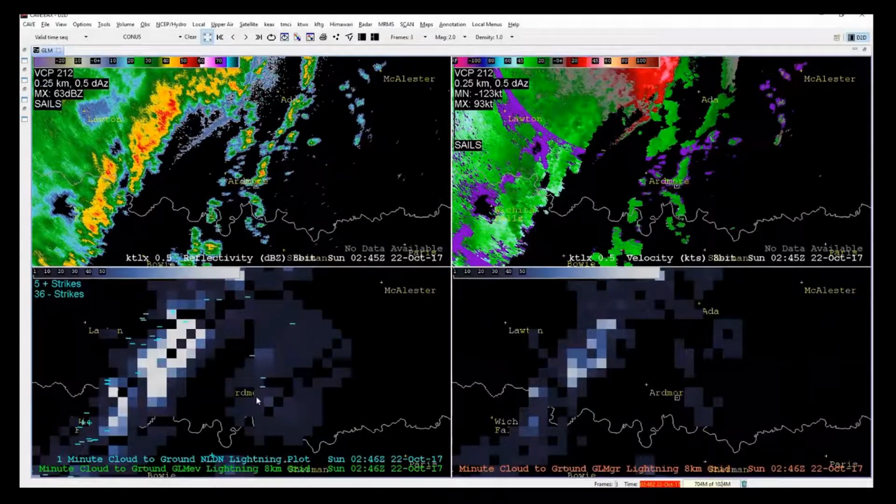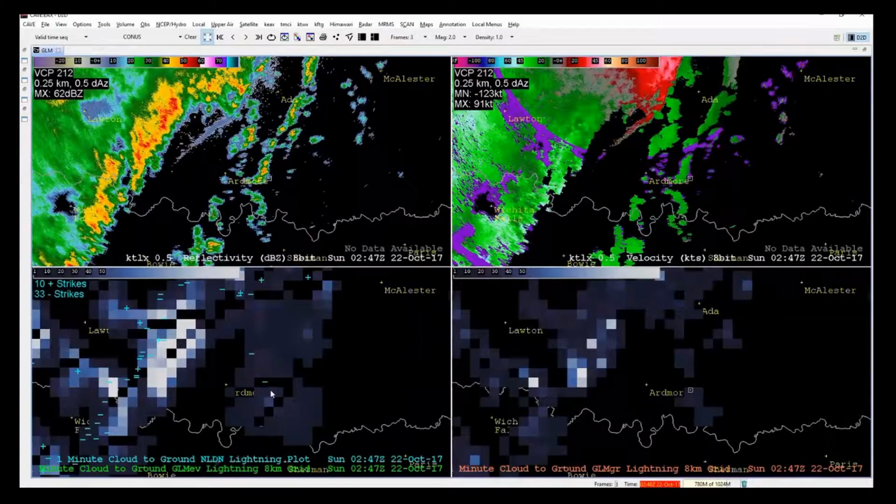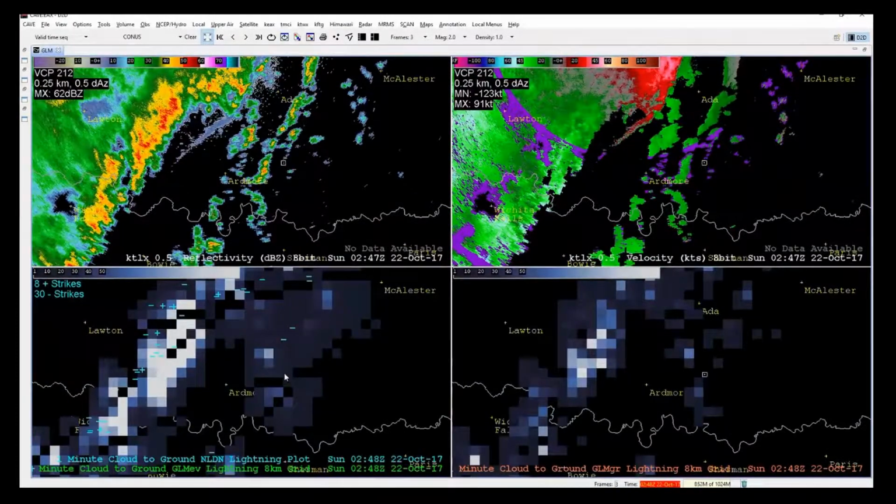Can you go forward again a little bit more? You start to see some upticks in lightning here. And from the GLM perspective, it's seeing all this as one large spatial extent.